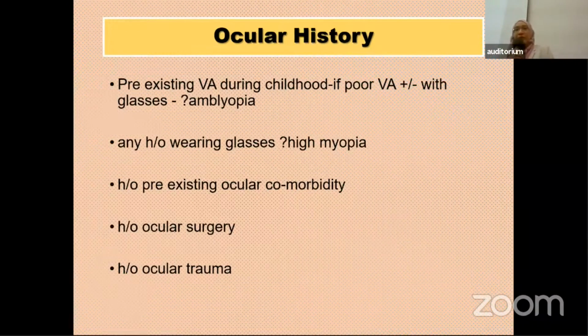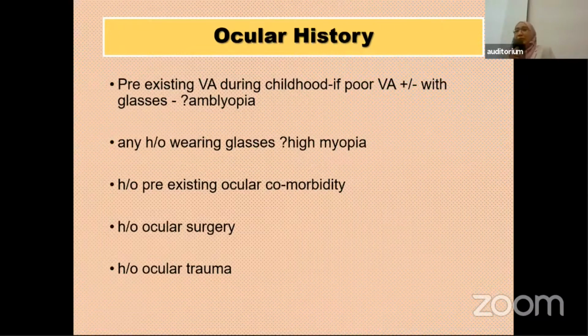And then we need to ask any history of wearing glasses, especially in high myopia. This is also very important because we need to explain to the patient the risk of anisometropia. For example, if one eye already went for cataract operation, then the post-op power will be different compared to the pre-op power.